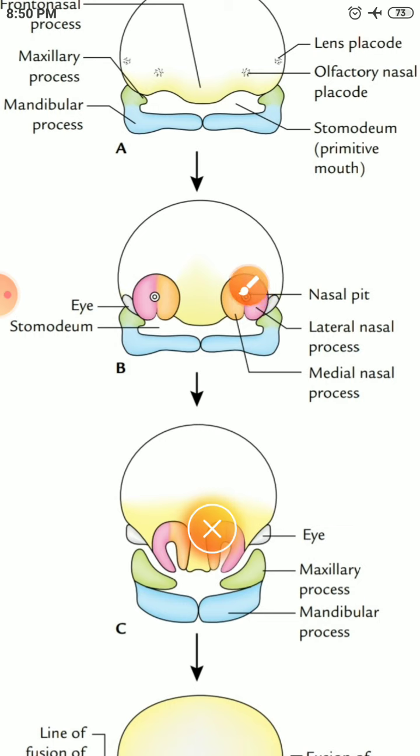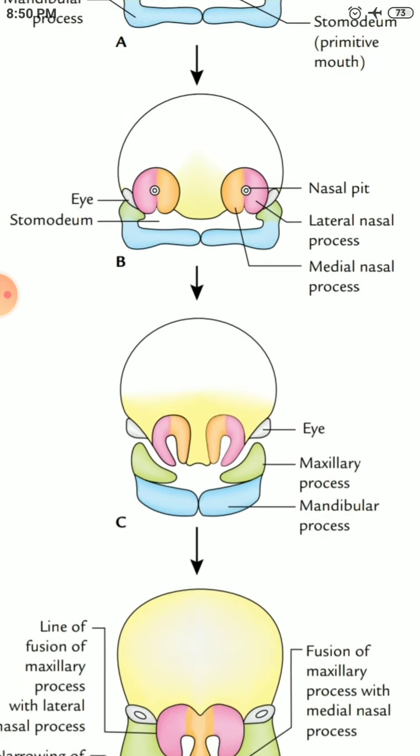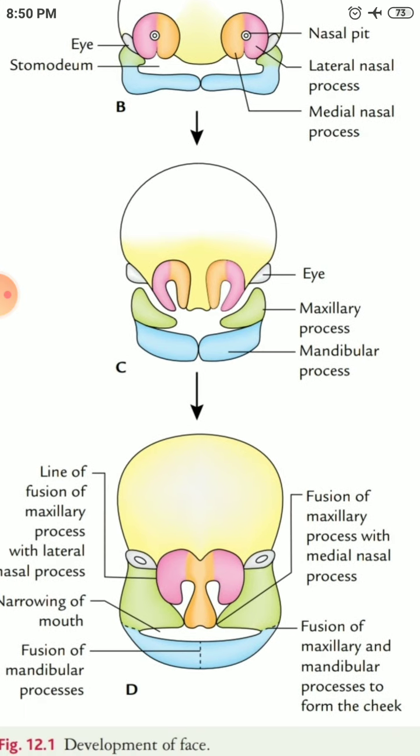These swellings develop around the nasal placode or nasal pit. So later what happens? The eyes are formed from the lens placode. The medial and the lateral nasal processes start fusing with each other. You can see here, they start fusing with each other.